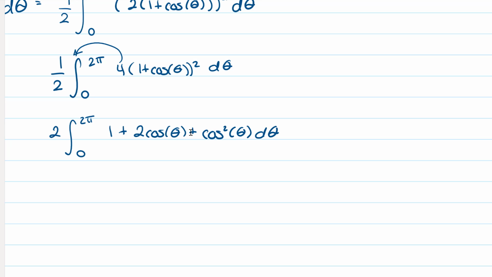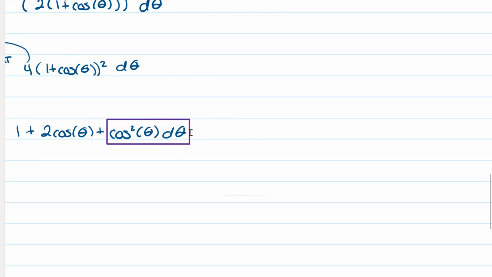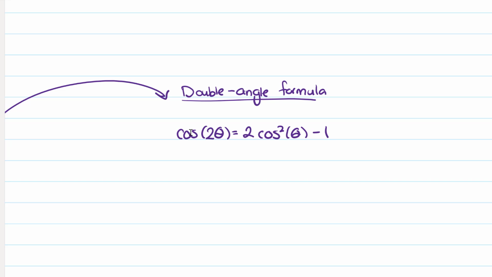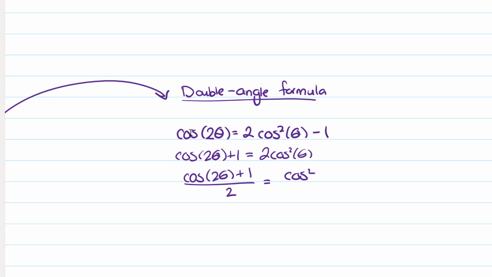So I'm going to deal with it on the side. It's important that we remember this double angle formula, which is cosine 2 theta equals 2 cosine squared theta minus 1. My goal here is to get rid of the cosine squared, so I add 1 to both sides and divide by 2. Now I can replace the cosine squared with (cosine 2 theta plus 1) over 2.